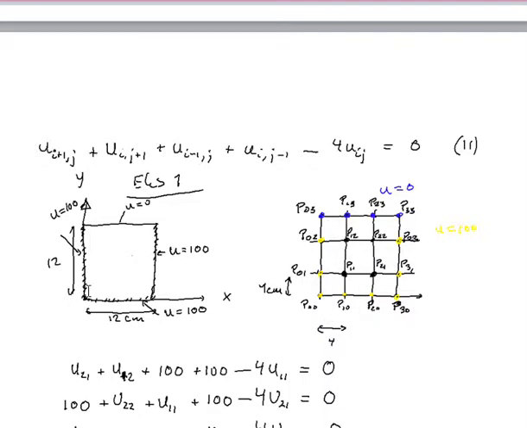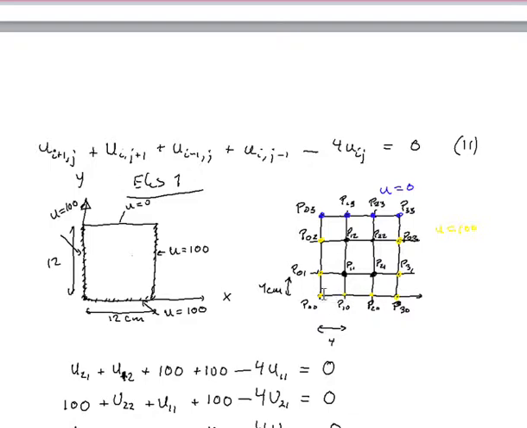In the coordinate system, we let this corner be the origin, and then we have the point P00. Here we have the point P10, P20, and so on. Using this equation we obtain several equations.